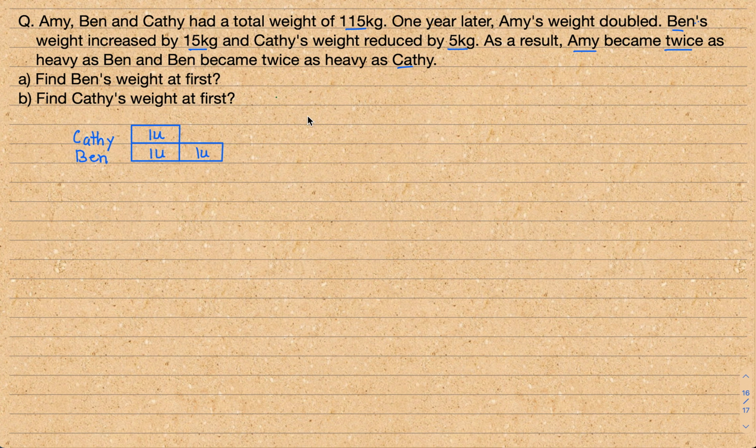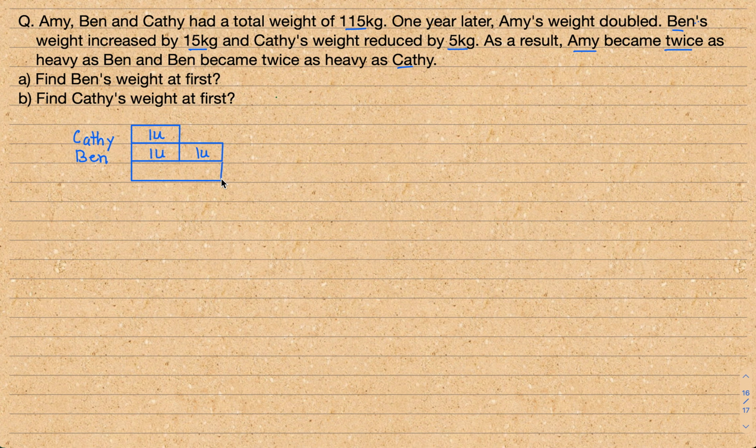And then how about Emmy? Emmy is twice of Ben. So if Ben is 2 units, obviously Emmy will be how many units? 4 units, right? Because 2 times 2 is 4 units. So let's try to draw another 4 units.